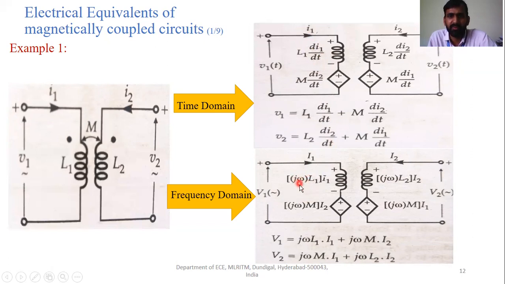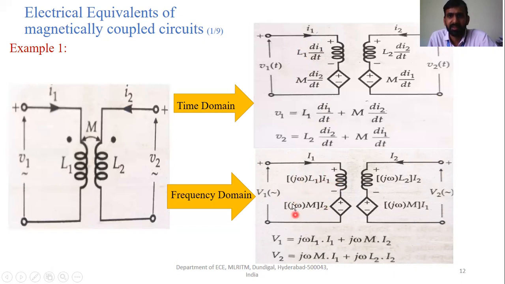What is j2 pi f? It is j omega, where omega is nothing but 2 pi f. So it becomes j omega L1 into I1.